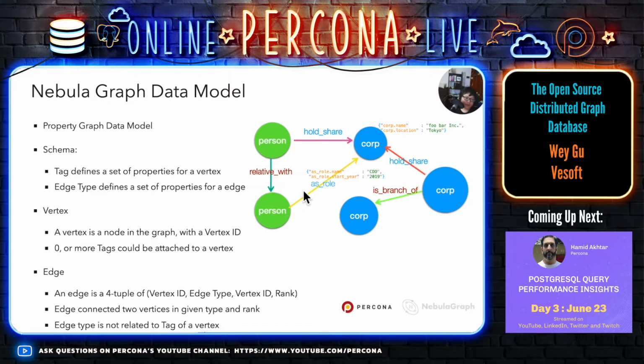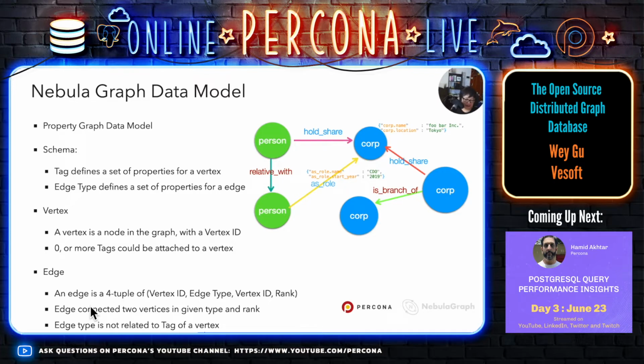People can purchase from one shop multiple times, so in that case you can put your purchase order ID in the rank. In that way you don't have to use two legs and add an actual node in the middle to represent this one transaction. So this is quite unique to Nebula Graph.